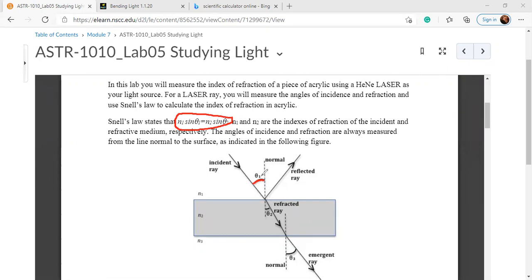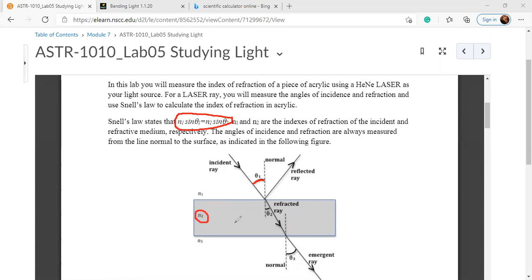If you measure this angle, we call it theta 1. So n1 is the refractive index of this medium, say air, and theta 1 is the angle made by the incident ray with the normal. What is n2? n2 is the refractive index of this medium.